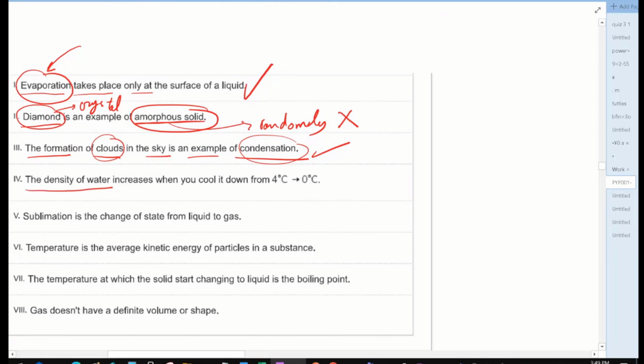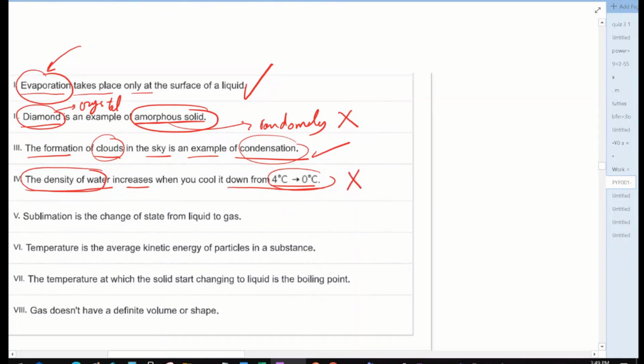The density of water increases when you cool it down from 4 to 0. So when you cool it down below 4. So when you decrease the temperature below 4, do you think the density increases? No, the density decreases.